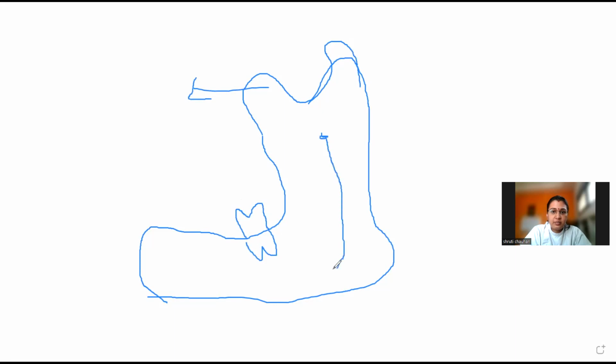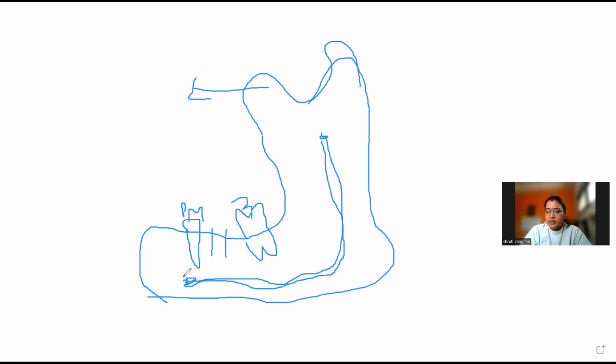You have a canal which comes till here. Okay, so this is the third molar. Then you have your second, you have your first, then you have your premolar over here. Okay, so this is your premolar, and this is the opening. Okay, this much we remember.